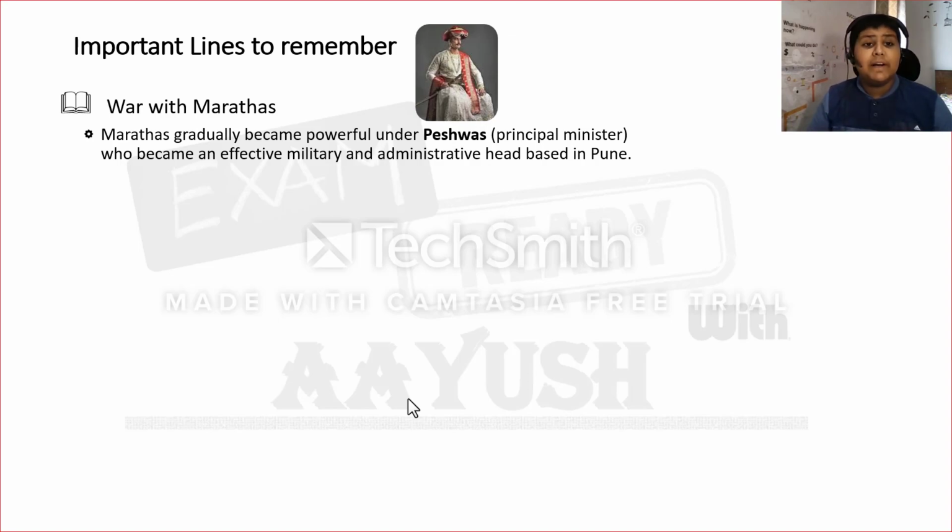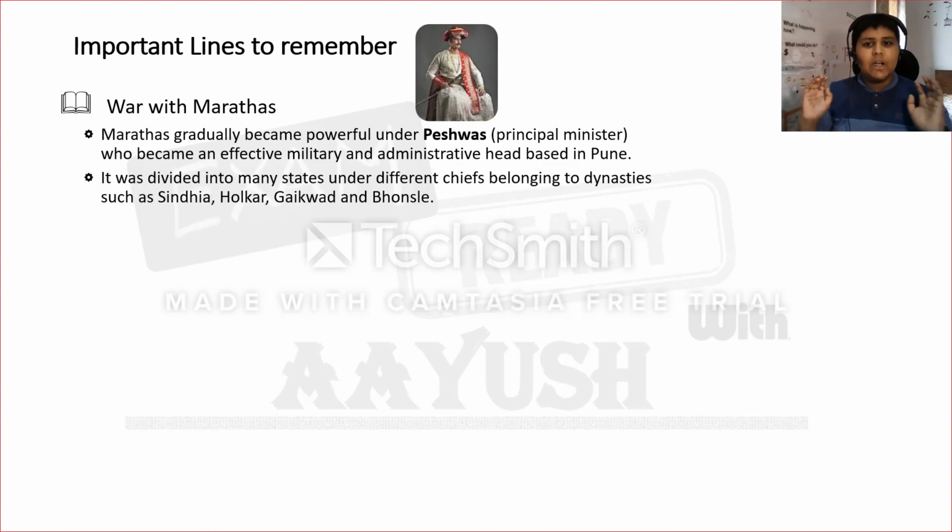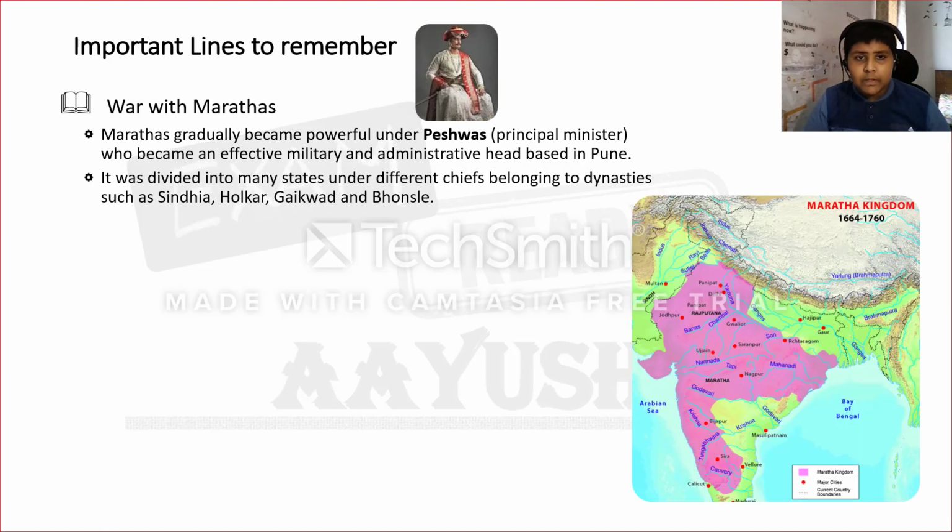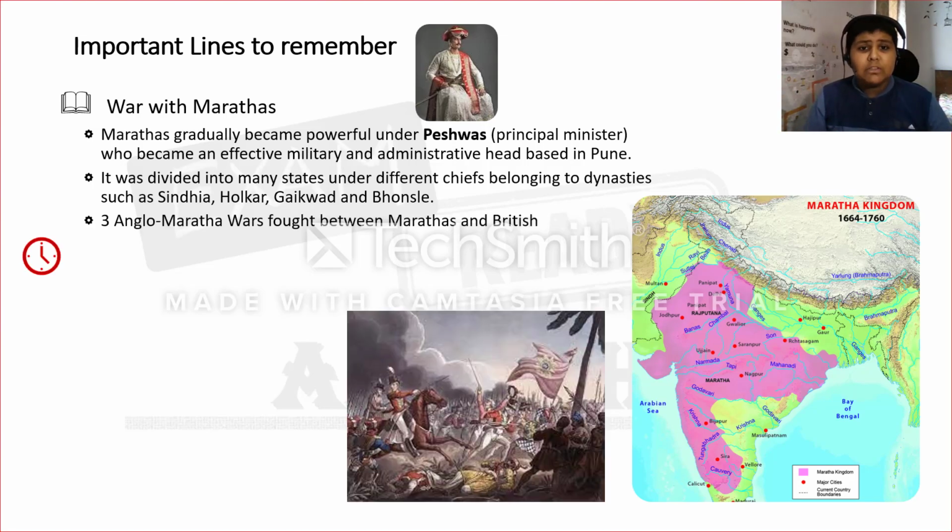The Maratha dynasty was divided into many states under different chiefs belonging to Scindia, Holkar, Bhosle, etc. As you can see in the map, the Maratha kingdom was spread all over India. There were 3 wars fought between the Marathas and the British, also called the Anglo-Maratha Wars.